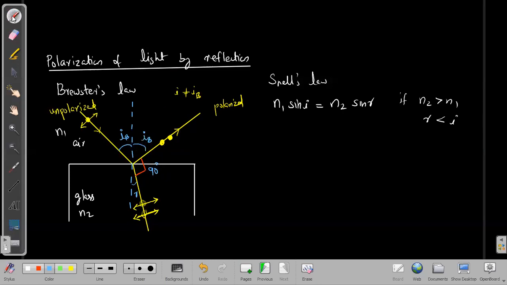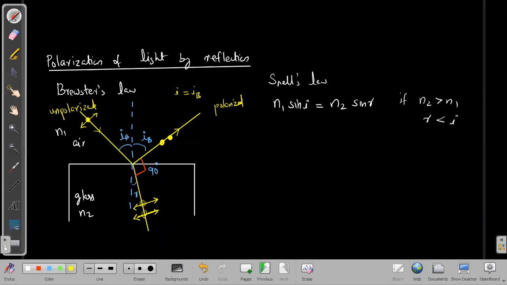Now we can find the expression for the Brewster's angle. When I equals IB, we get polarized light in the reflection. How can you find the expression for IB?